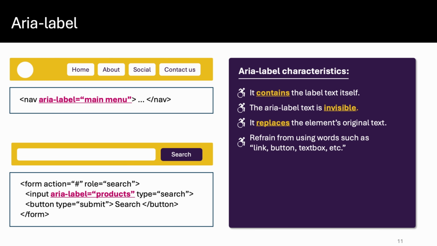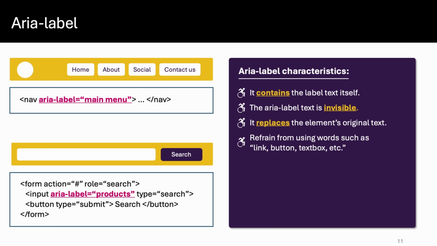And finally, refrain from using reserved keywords like link, button, or text box. This is one of the biggest mistakes that I have seen developers make. They write aria-label as "search button", but they have not worked with screen readers like JAWS and NVDA, which append a keyword at the end based upon the role of that element.